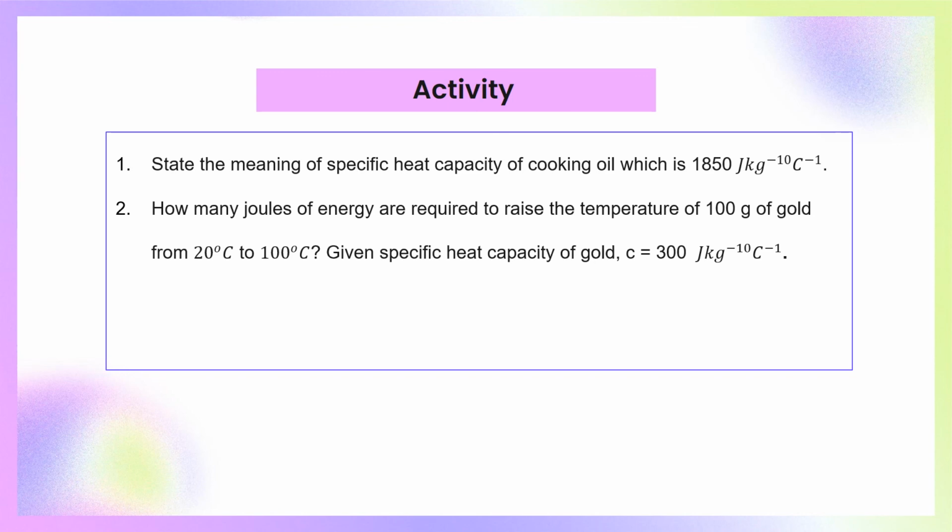Number 2, how many joules of energy are required to raise the temperature of 100 grams of coal from 20 degrees Celsius to 100 degrees Celsius, given the specific heat capacity of coal is 300 joule per kilogram degree Celsius? In this question, you can use the formula of specific heat capacity to find the energy. You can pause the video to answer the questions.